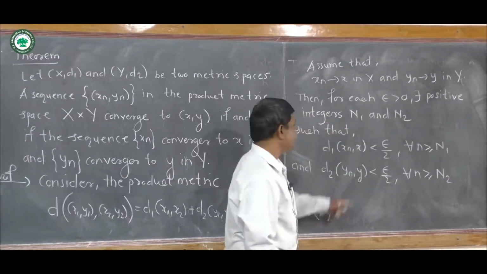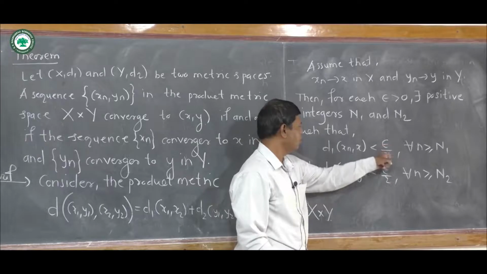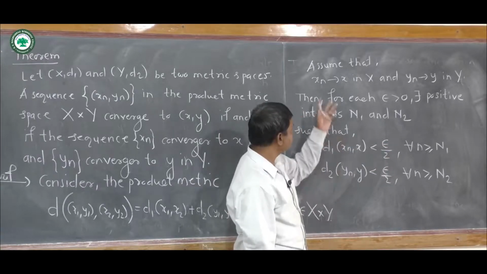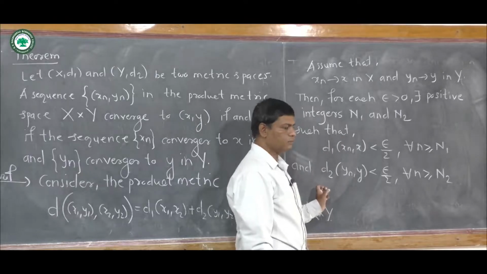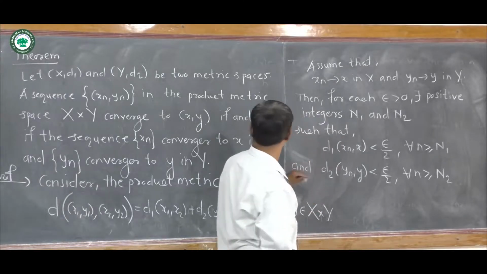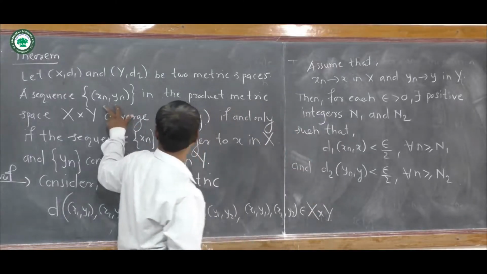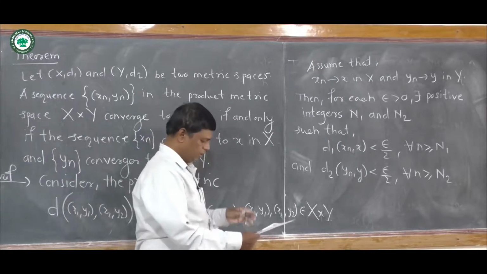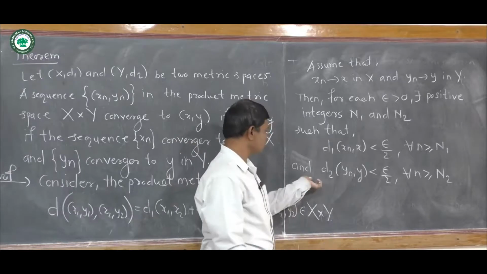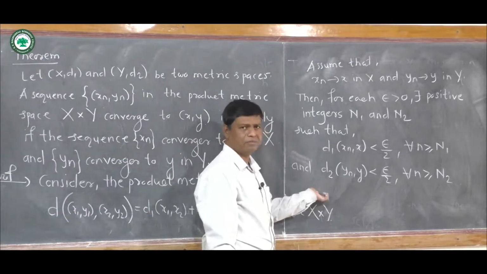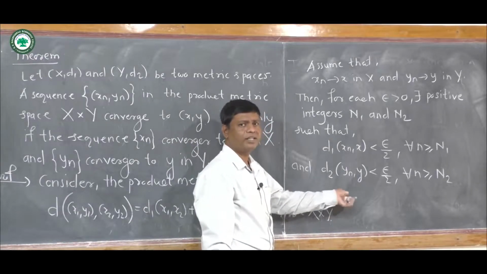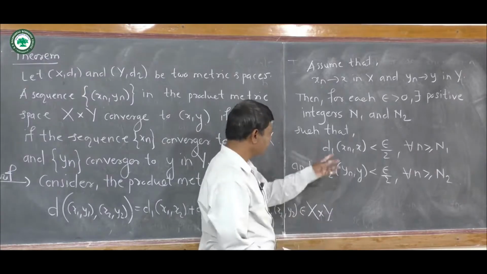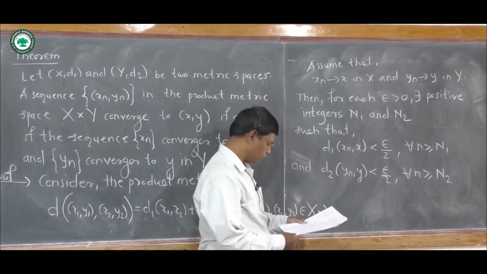Now we are taking epsilon by 2 and again epsilon by 2 because we are going to use this to prove that the sequence xn comma yn converges to x comma y. That is, we are going to show that d of (xn comma yn) comma (x comma y) is less than epsilon. So that's why we are taking epsilon by 2 and again epsilon by 2 here.